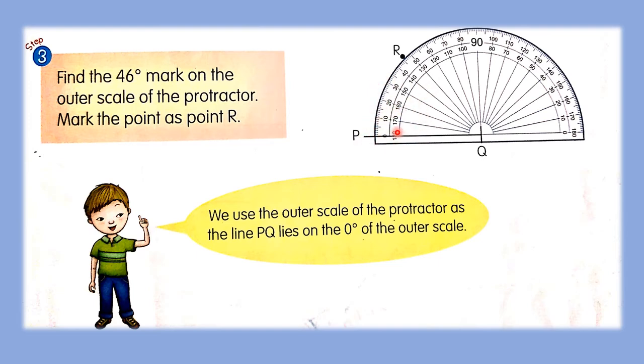So in this case, PQ lies on this outer scale. That means in the inner scale, here 180 is there, right? That means in the inner scale 0 starts on this right hand side, but our PQ line is on the left hand side. So we have to consider the outer scale, right? Here 10, 20, 30, 40 and the small 6 parts should be considered and mark 46.